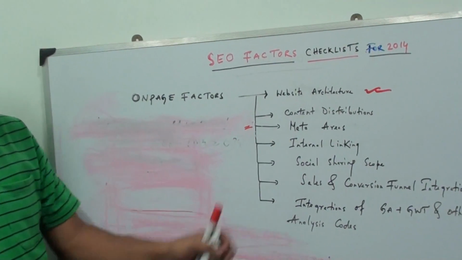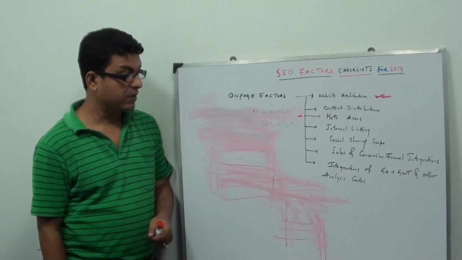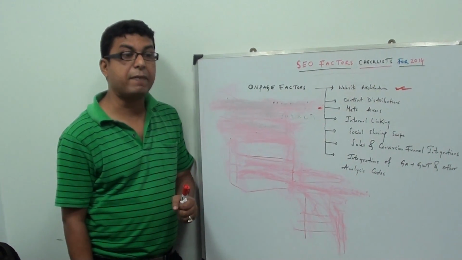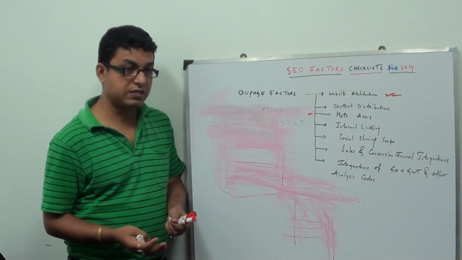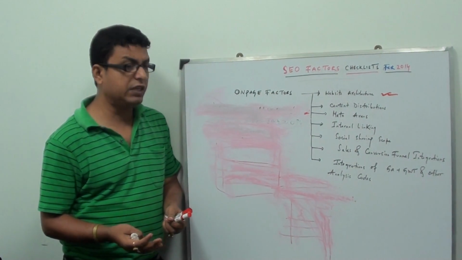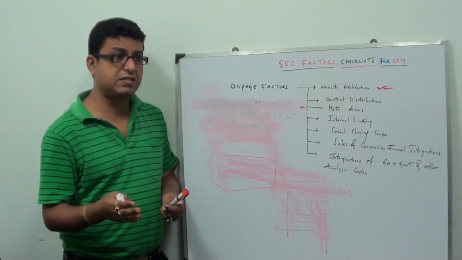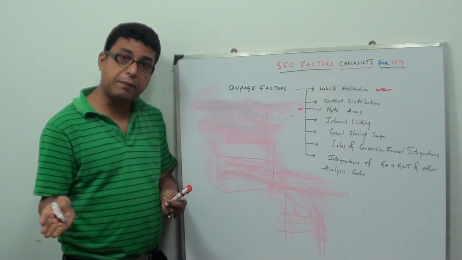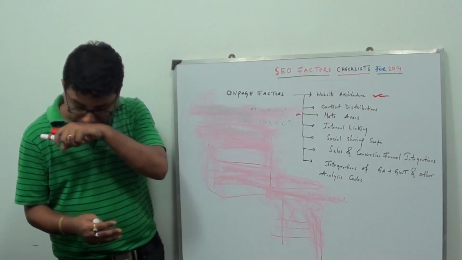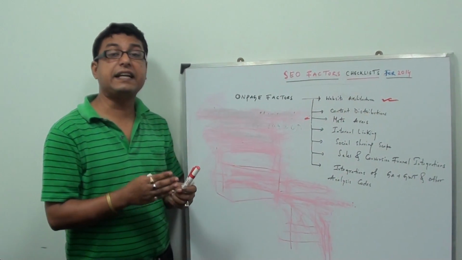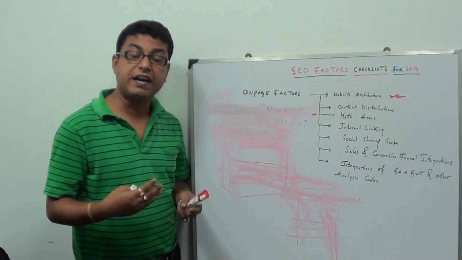Next is the internal linking factor. Internal linking is a major factor nowadays, because previously the trend was based on backlinks. Backlinks are still a major factor for ranking, but currently internal linking is also getting a huge weightage.